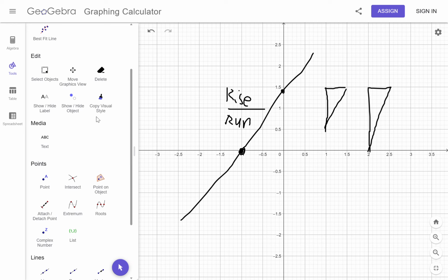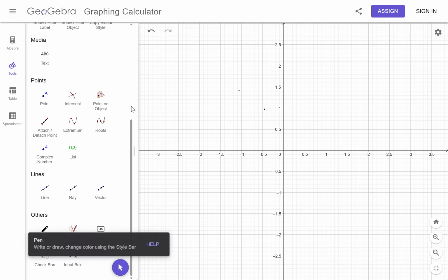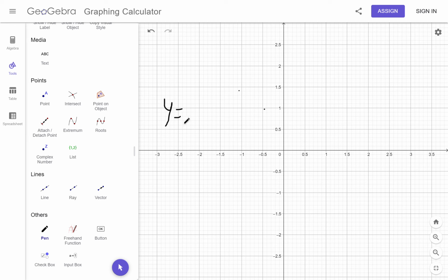Now let's talk about how to represent lines in the equations I talked about before: slope intercept, point slope, and standard form. Let's start off with the easiest one, which is slope intercept form. We know slope intercept form is defined as y equals mx plus b.